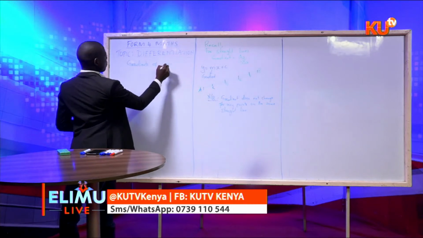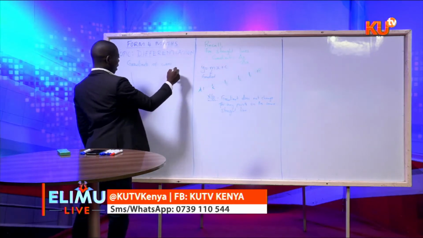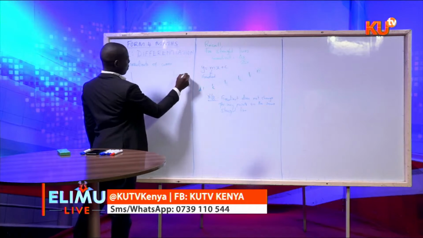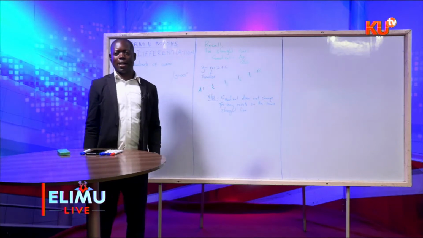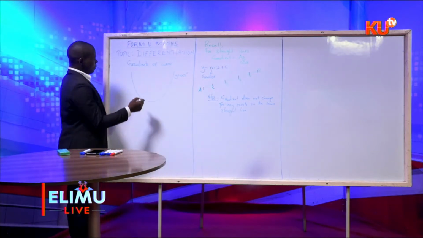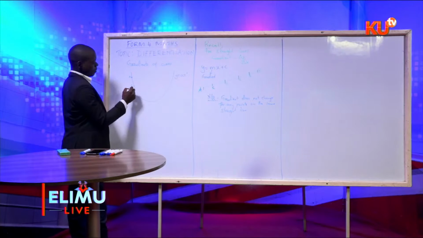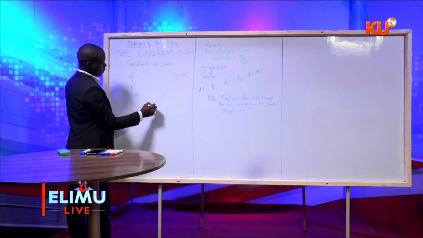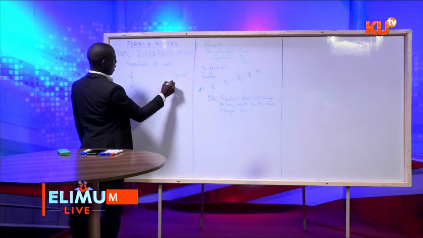If, for example, this is my curve y equals ax power n, it will be clear that if I was to label these points, let's say point A, point B, point C, point D, point E, point F, point G, all the way up to point H.